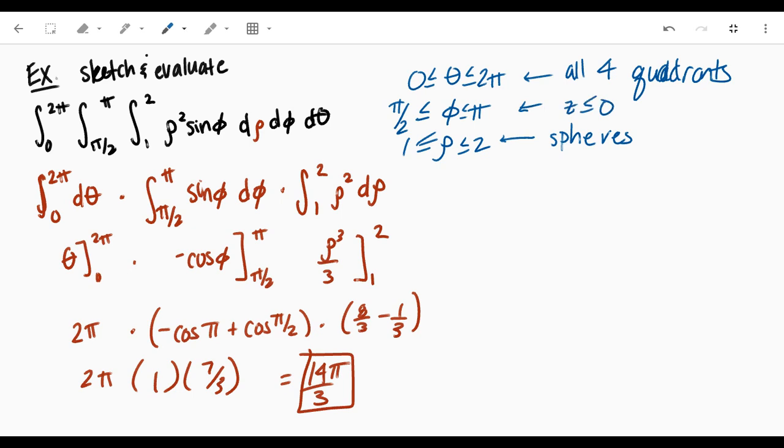So what I'm going to have here is concentric spheres centered at the origin between 1 and 2, going around the whole way, but only the bottom half. This would look roughly like, kind of like that, where this is between 1 and 2. All right. Next example.